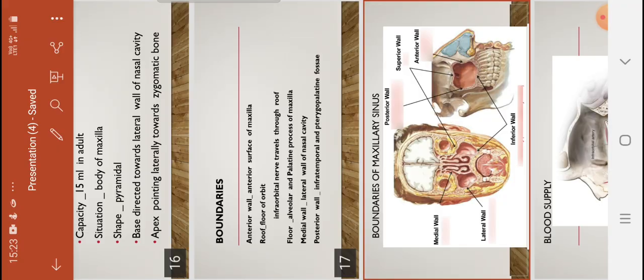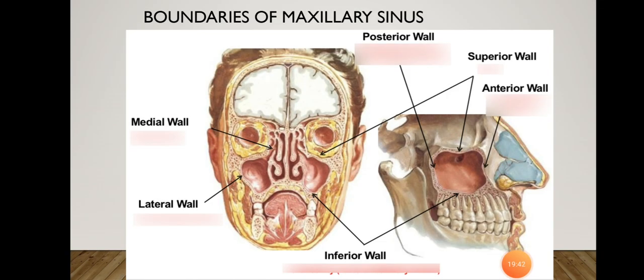The roof is formed by the floor of the orbit, and the floor, or the inferior wall, is formed by the alveolar and the palatine process of maxilla. The medial wall is formed by the lateral wall of the nasal cavity. The posterior wall is related to the infratemporal and the pterygopalatine fossa. So these are the boundaries of the maxillary air sinus.